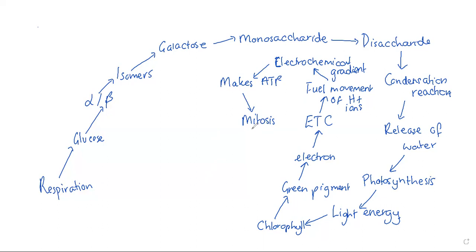So we know that we are splitting chromosomes, sister chromatids. And what do we get? We get two new daughter cells.